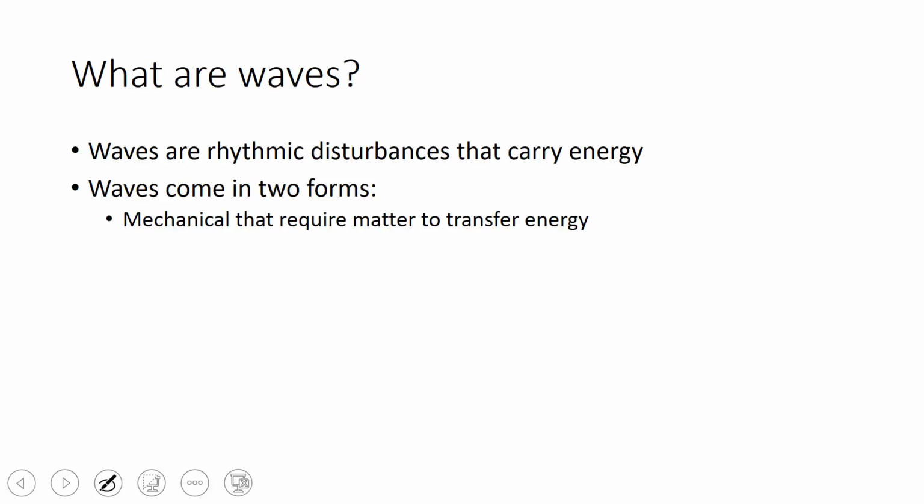The first of which are mechanical waves. These are waves that actually require matter to transfer energy. A good example of these, or several examples of mechanical waves: sound waves. So the way sound moves from one area to another is a good example of a mechanical wave.